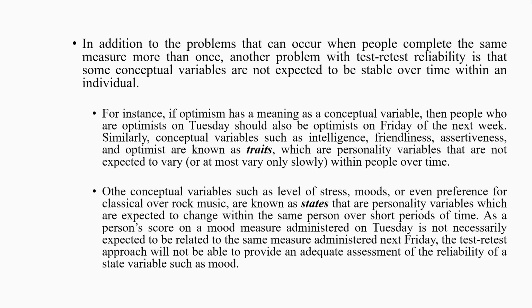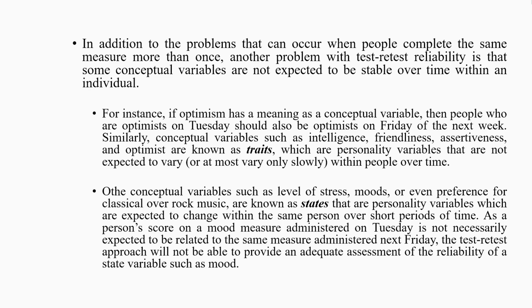This is a characteristic that is assumed to be relatively stable in an individual, at least for short periods of time. Characteristics such as intelligence, friendliness, assertiveness, optimism, are known as personality traits, and they are not expected to vary across a very short period of time. Large periods of time, yes, maybe.